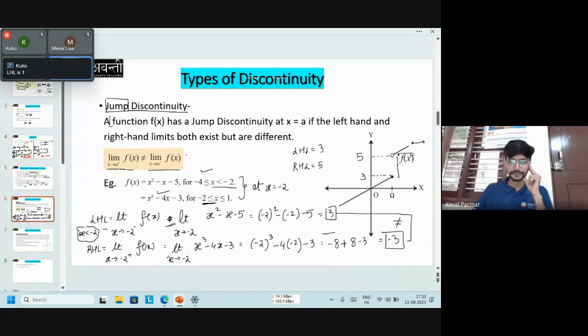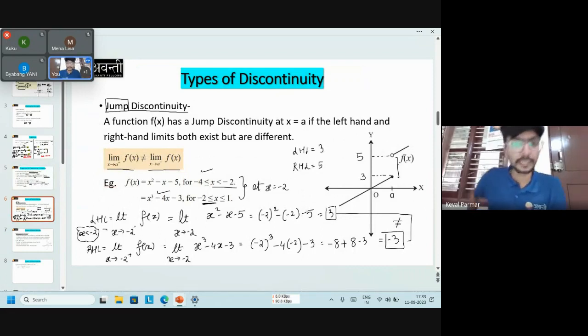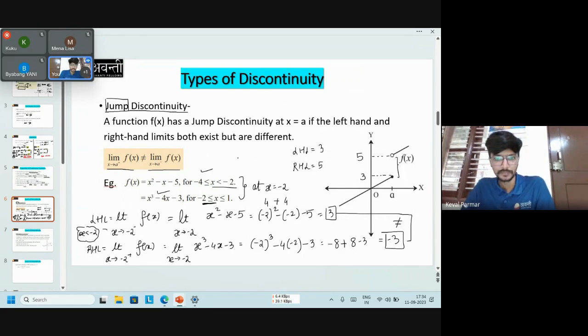A student says the LHL is 1, that they made a mistake. No, please see. Minus 2 squared is 4. This minus and this minus will give plus 4. So 4 plus 4 is 8, minus 5 will be 3. Did you get it? It is not 1. I think I have not made a calculation mistake here.